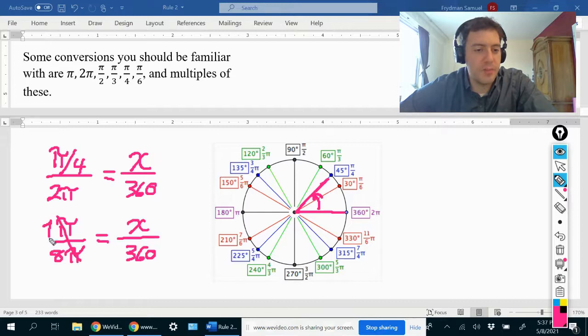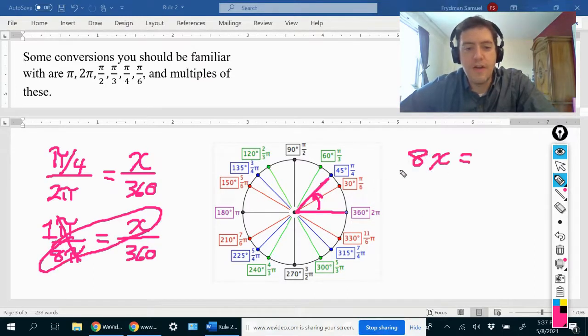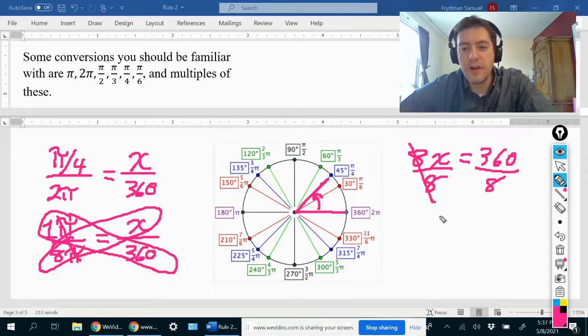These pi's cancel. I could put a 1 there. And then 8 times x is 8x. 1 times 360 is 360. Could divide both sides by 8 here. And then you get x equals 45. Okay, just do the long division there or put it into a calculator and that'll give you 45.